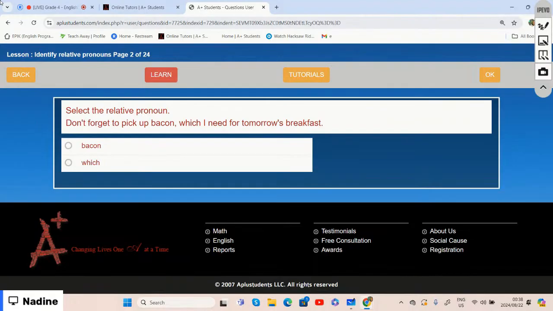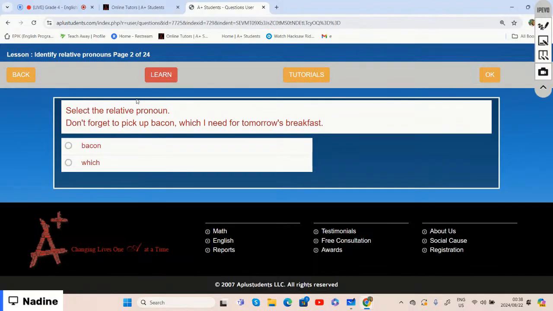Don't forget to pick up bacon, which I need for tomorrow's breakfast. Just think of relative pronouns as connecting.